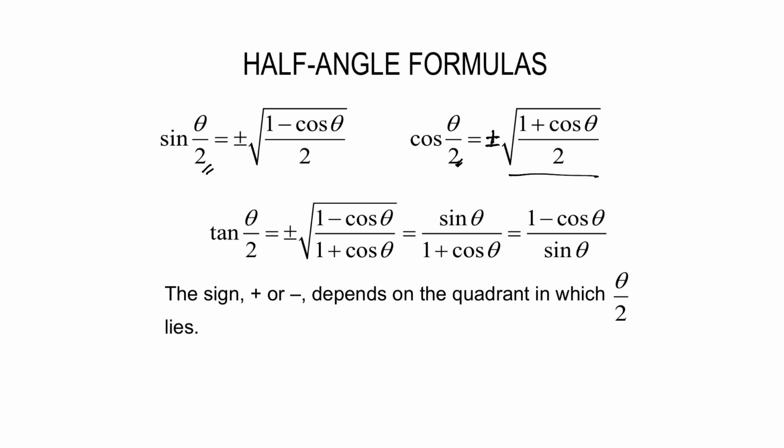And then tangent actually has 3 different formulas that produce the same results. Positive or negative, this one, or this one. And the plus or minus depends on which quadrant theta over 2 lies. So we want to look at what that angle is before or after we've taken half of it.